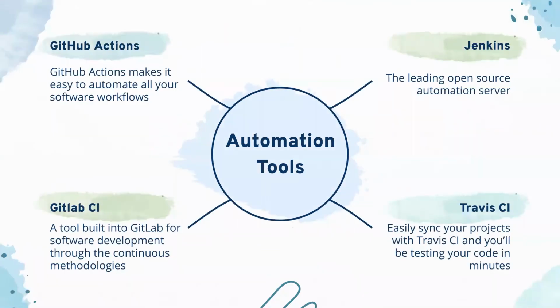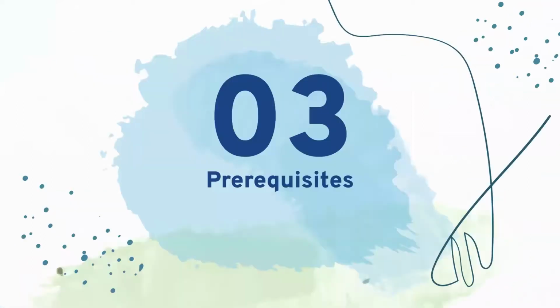The most popular tools available in this context are Jenkins, GitHub Actions, GitLab CI, and Travis CI. In this talk, I will focus on GitHub Actions.